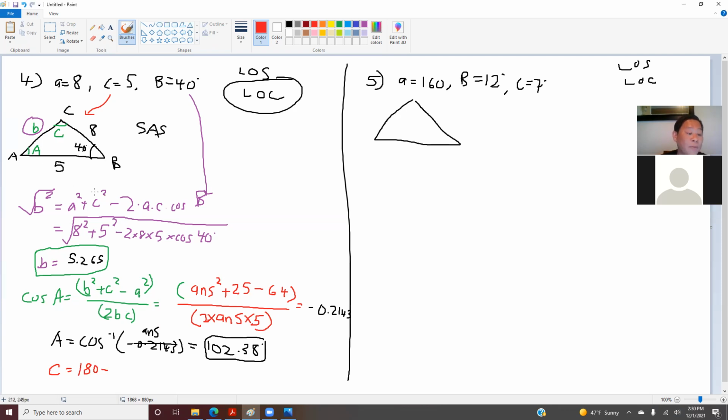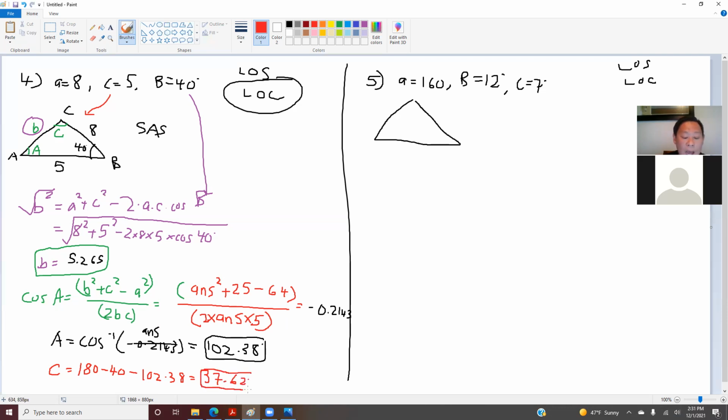The first angle we have is 40, and the second angle is 102.38. So if you take 180, subtract 40, subtract 102.38, this comes out to be 37.62 degrees.